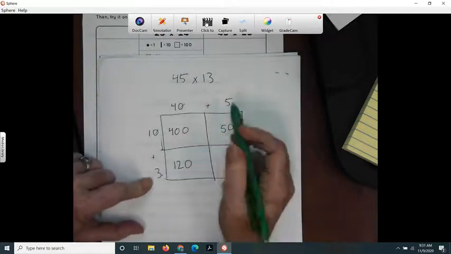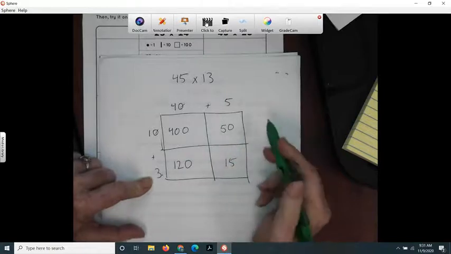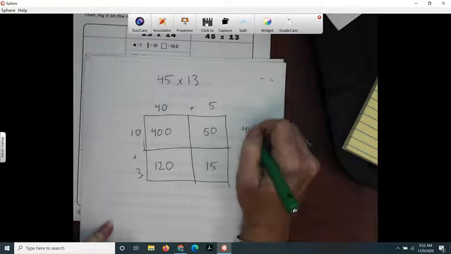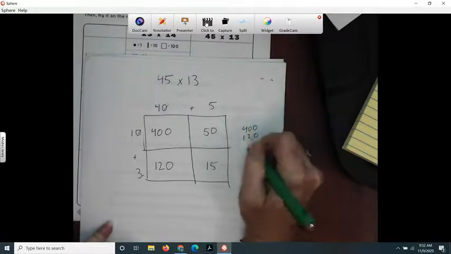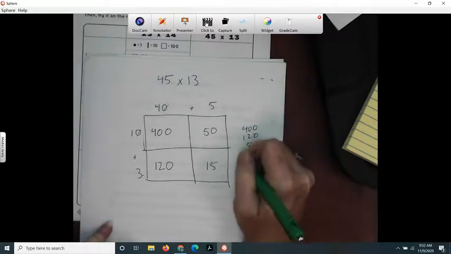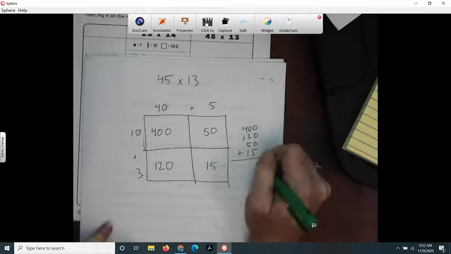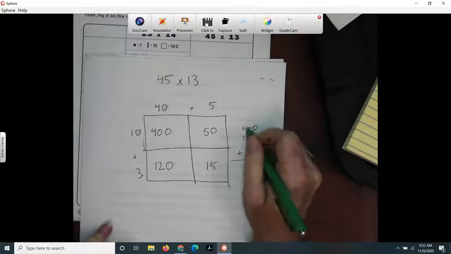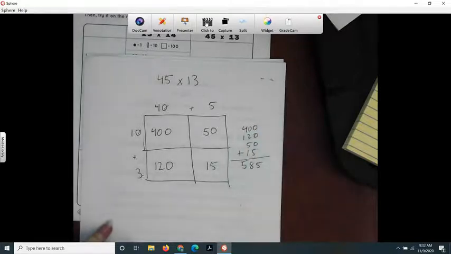And then 3 times 5 is 15. And then all you have to do is add everything up. 5, 6, 7, 8. And you get your answer.